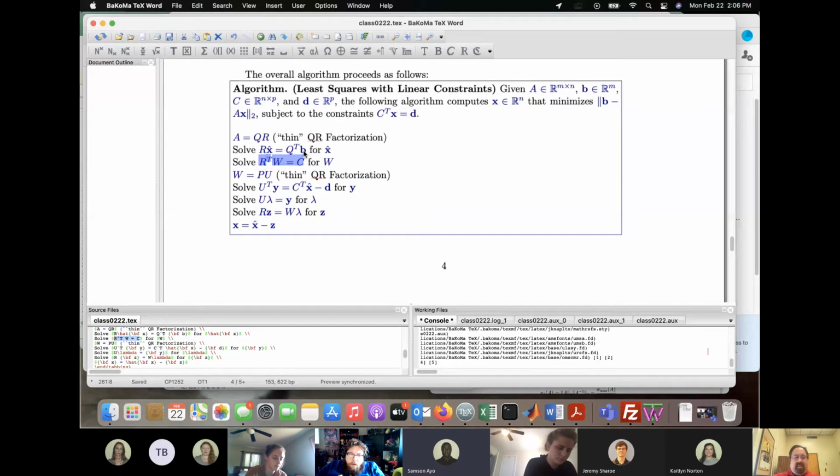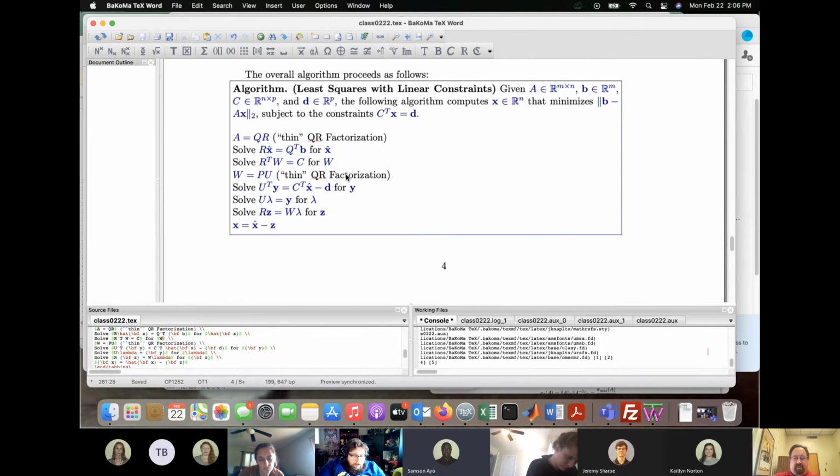I have a question on span. For instance, you say the range of A is the span of the first r left singular vectors. Yep. So I take span to mean the set of all linear combinations, right? Yes.